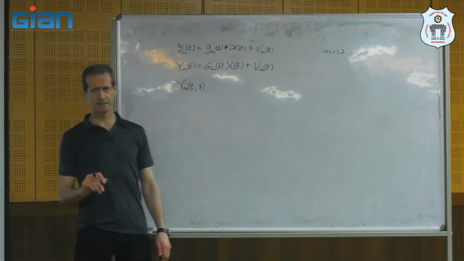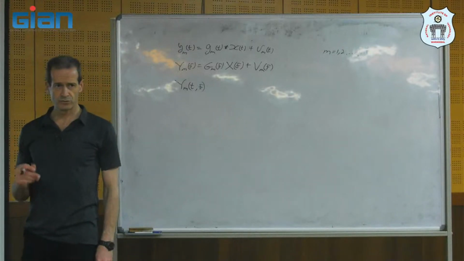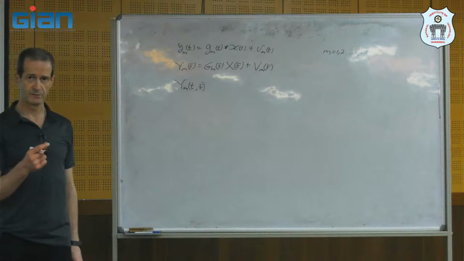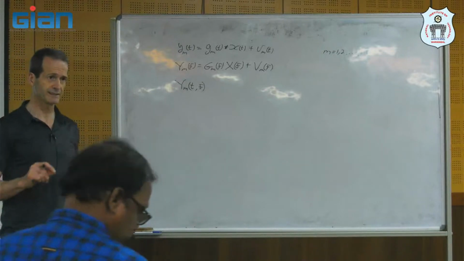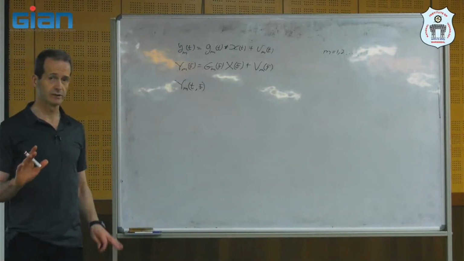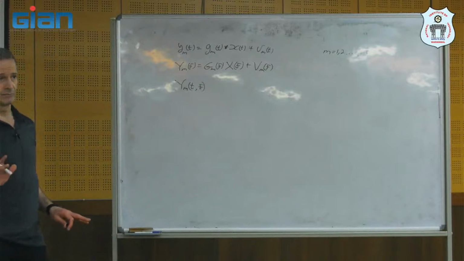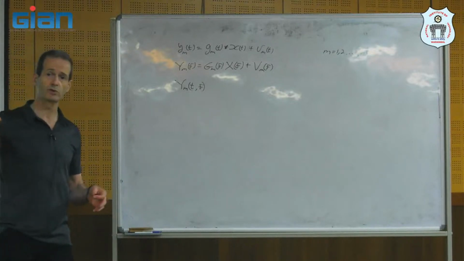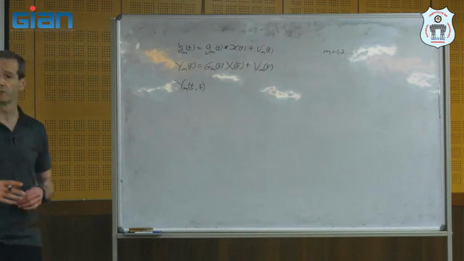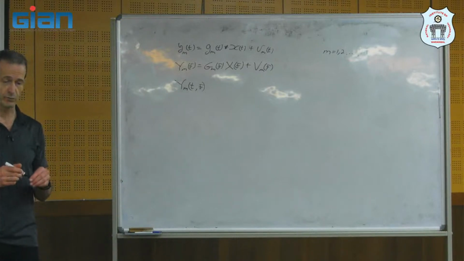So suppose that the transfer function from the source to each of the sensors is constant, so it doesn't depend on time. But sometimes there are movements. The source moves, maybe the array moves. For example, wearable arrays.